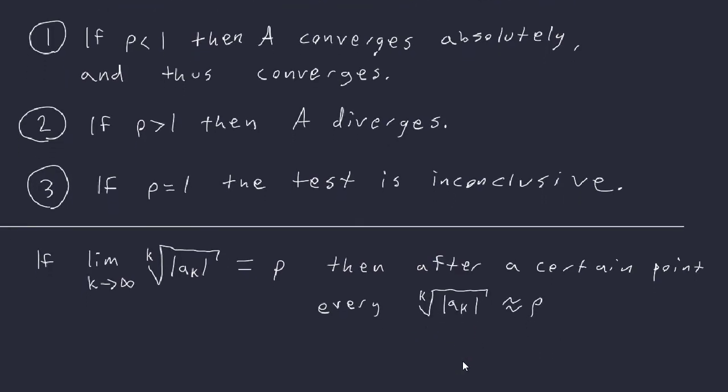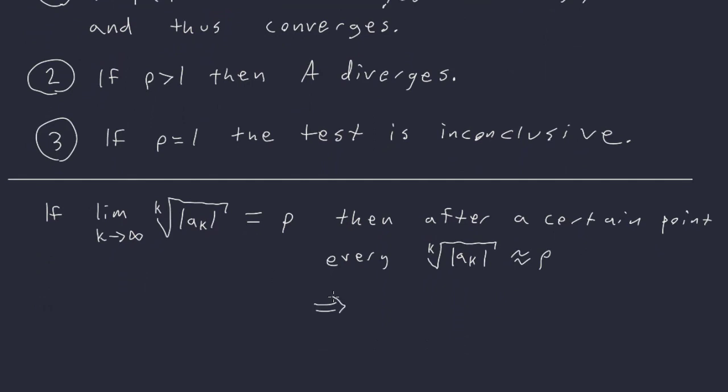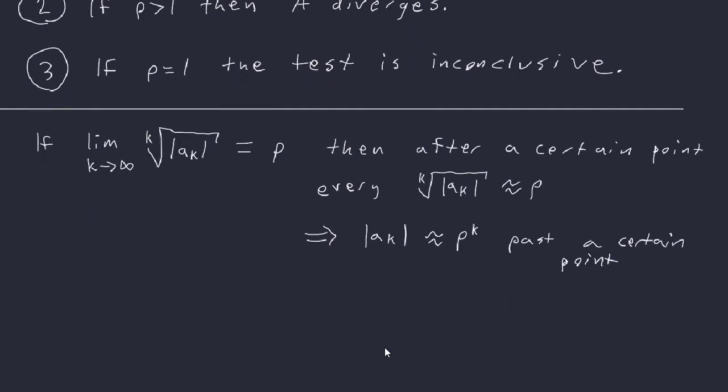So this implies, well, if I just raise both sides to the k, this implies that the absolute value of a sub k is approximately rho to the k past a certain point. Right, which is going to be real familiar when you take a look at this next part here.